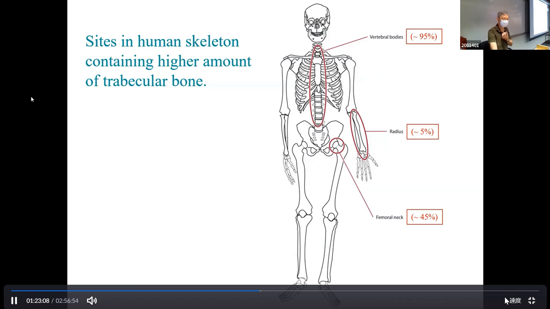Remember, trabecular bone is the bone type that is losing more in the postmenopausal type of osteoporosis. And so that's why hip fracture and the vertebrae will be the most affected ones. 95% is trabecular bone, 45% is trabecular bone.